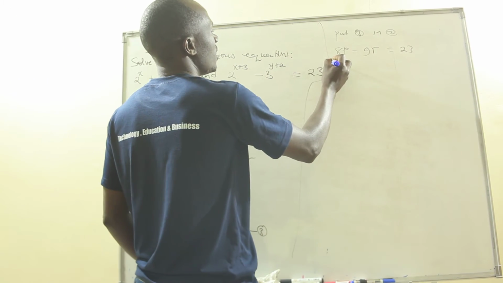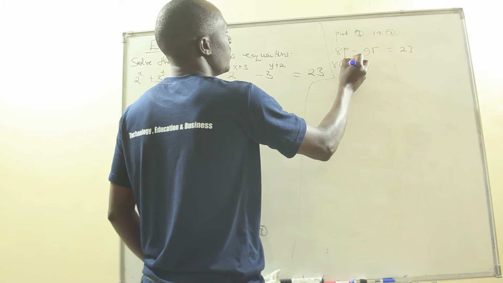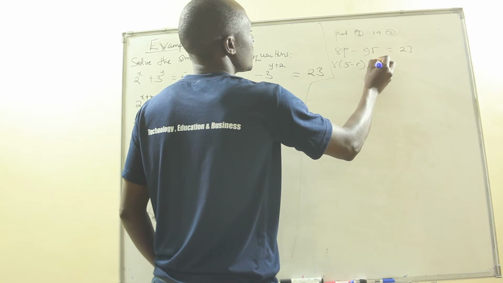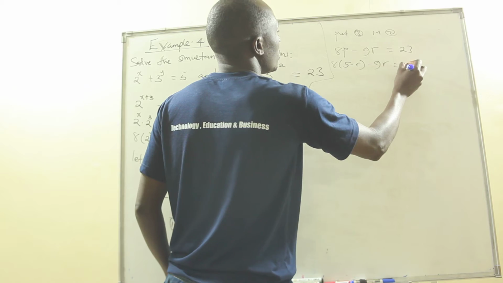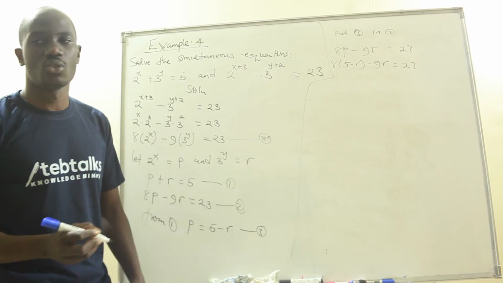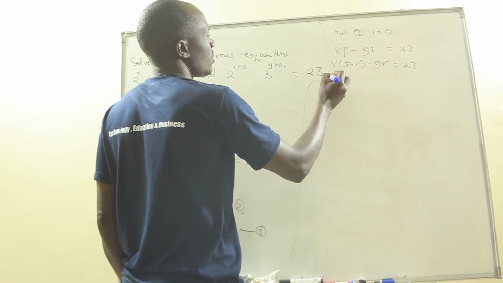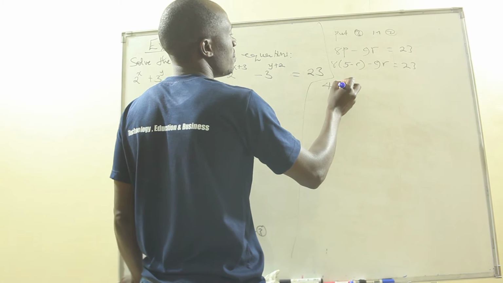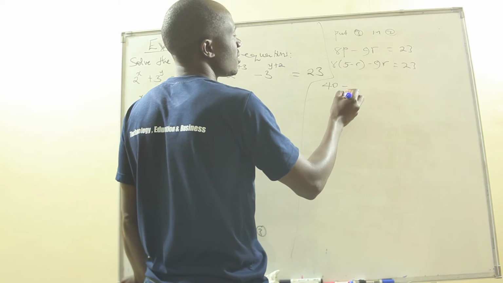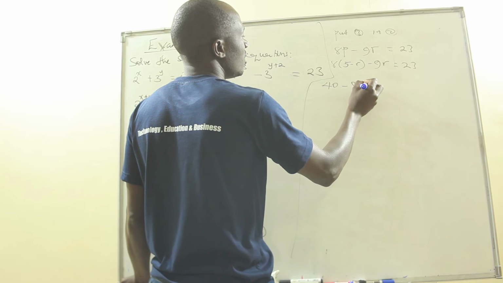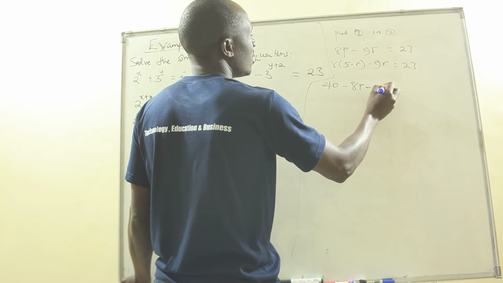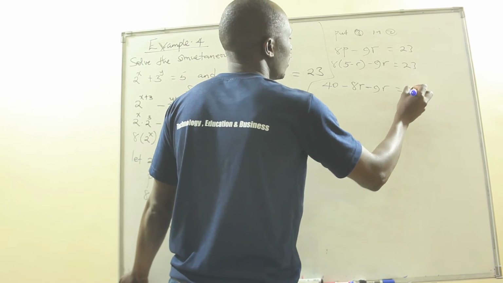So this is going to be 8 into 5 minus r, minus 9r equals 23. Can we try to open the brackets? 8 times that we get 40, minus 8r, again minus 9r equals 23.